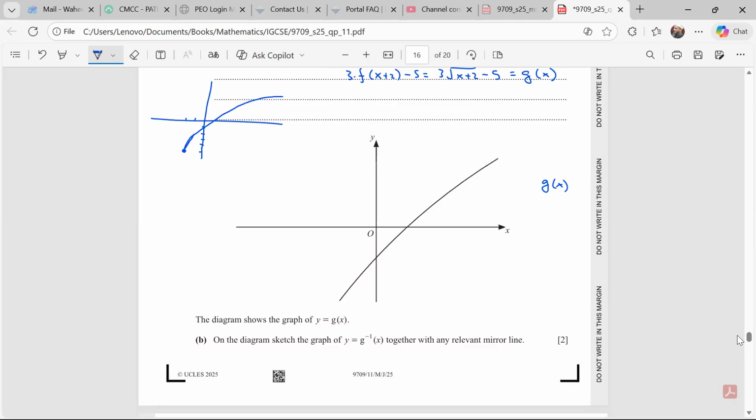So it will be a line at 45 degrees, something like this, I believe. I'm not very good at making lines, and it's very difficult to do with the pen on the board. We will reflect the function g of x in this mirror line. So you can imagine that it will be something like this.